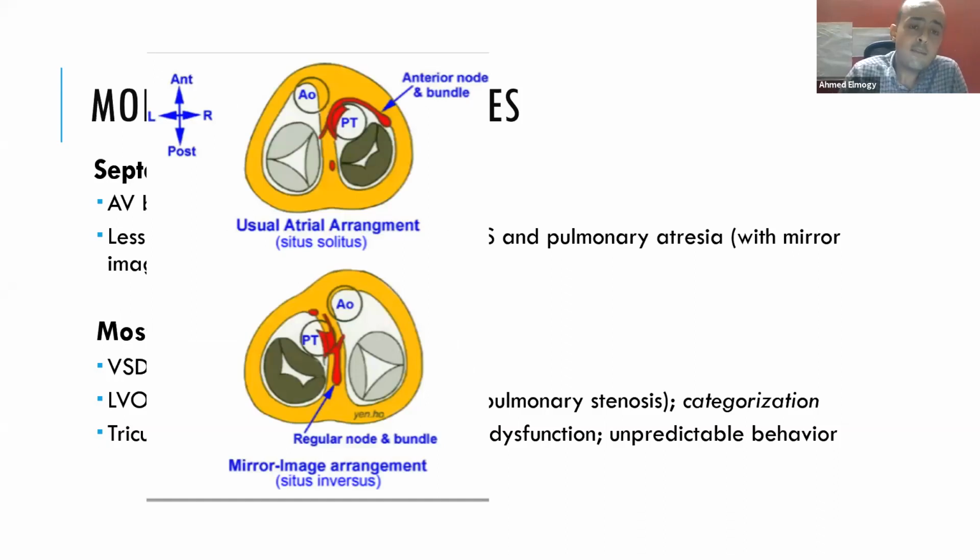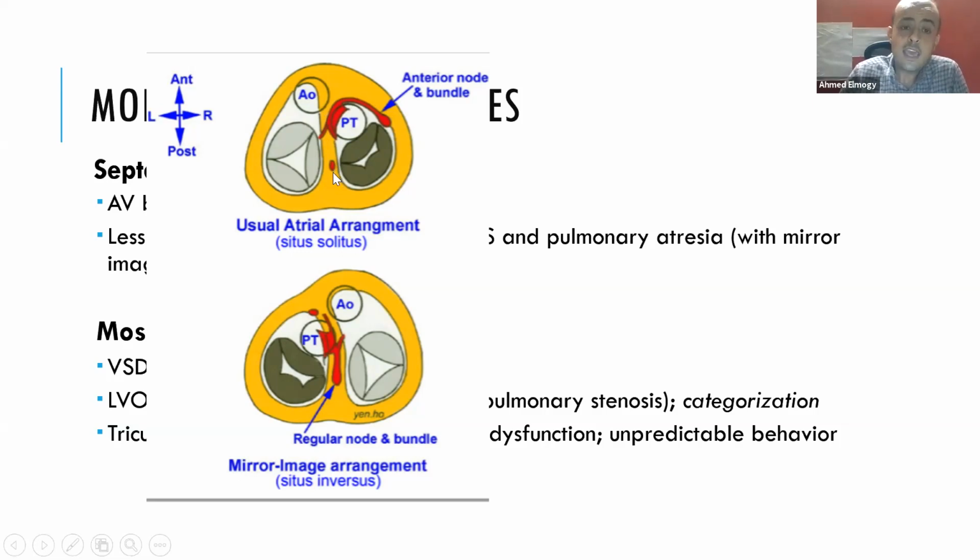As regards the septal malalignment in the usual atrial arrangement, as we can see, this is the normal AV node. It's posteriorly situated at the apex of the triangle of Koch. In this situation, because of the septal malalignment, it cannot connect with the AV bundle. In those patients, they have an accessory anterolateral node between the tricuspid valve and the pulmonary valve in this fibrosa, which perforates it and connects, after going a long way, to the AV bundle.